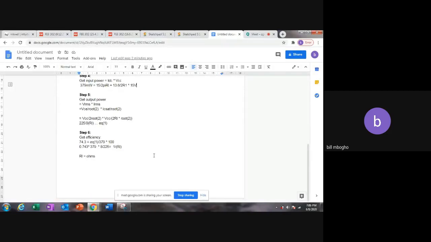RL is supposed to be about 10 ohms. I'm getting 10 ohms, but I feel like I've forgotten something. 225 over 8 RL over 2 root 2, squared over 8 RL, divided by 379, divided by 100.